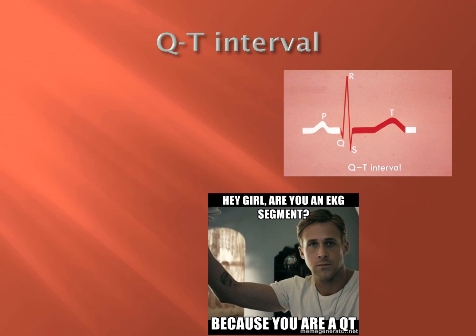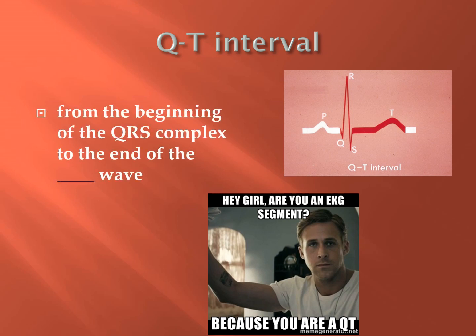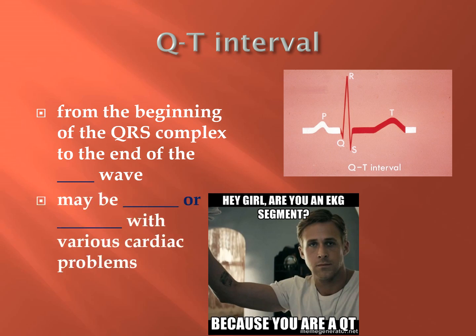The QT interval is from the beginning of the QRS complex to the end of the T wave, right? That's the QT interval. And it may be shortened or prolonged with various cardiac problems. So this is where you can look at the electrolyte imbalances.